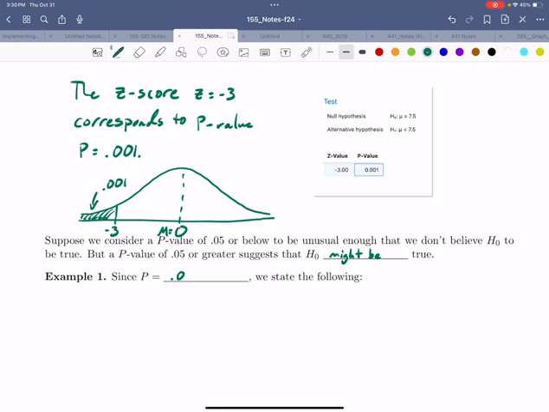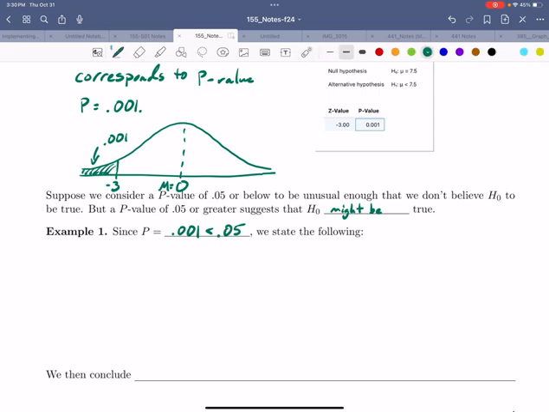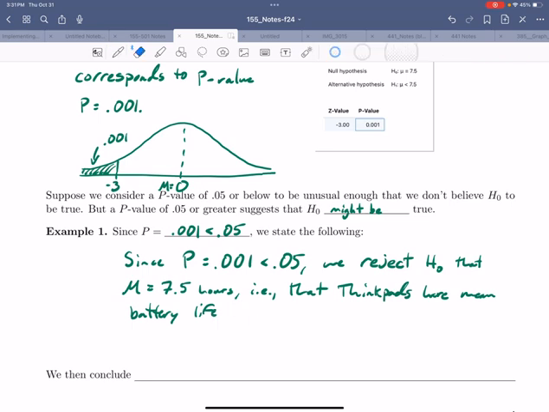So since p equals 0.001, which is less than 0.05, we reject the null hypothesis that the mean battery life, i.e. that ThinkPads have mean battery life, of 7.5 hours.